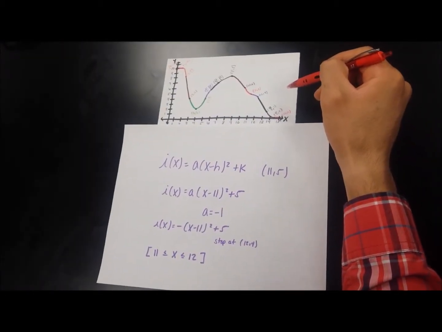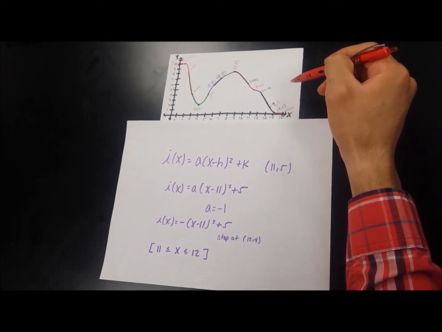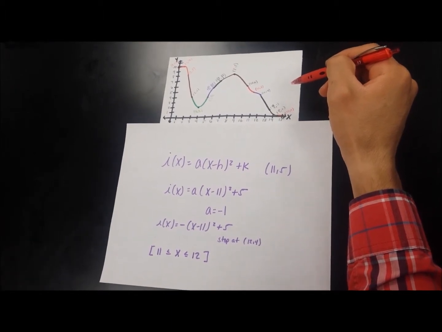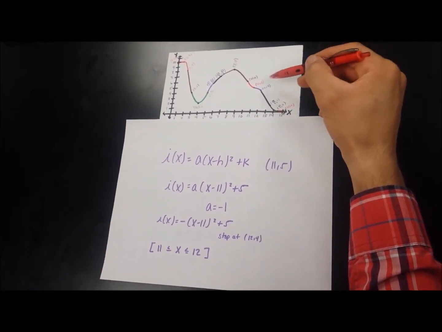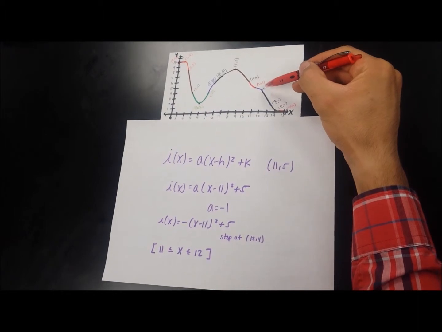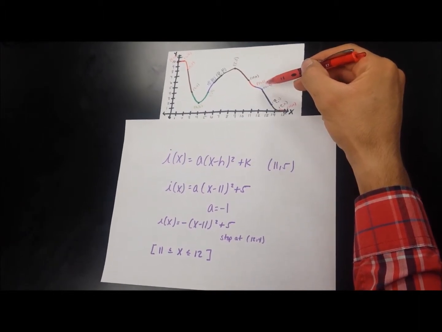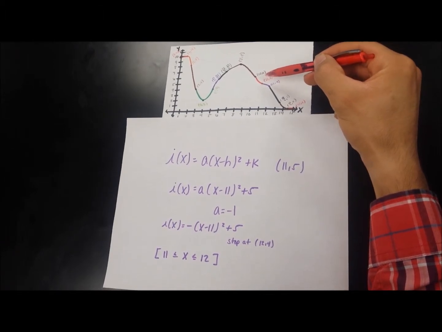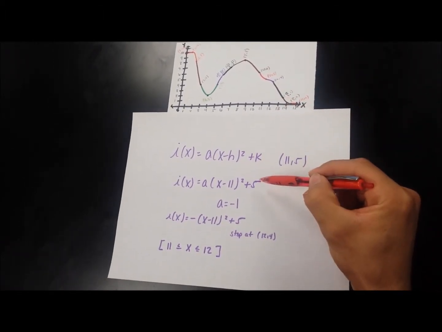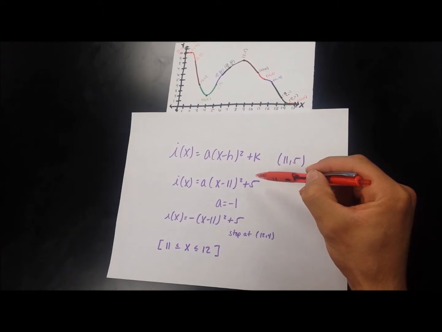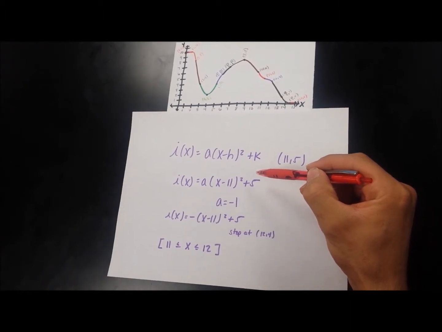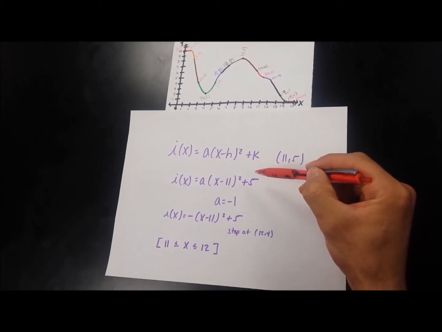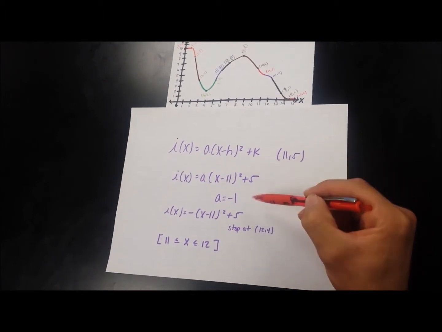In order to keep the ride going downwards and having a curve to create the illusion of a wave, we knew we had to connect another parabola to h of x at its vertex, so the slope could be 0 for both. The vertex for h of x is at (11, 5), so our next equation had to be i of x equals a(x minus 11) squared plus 5. We needed our function to be concave down, so we left our a to equal negative 1.